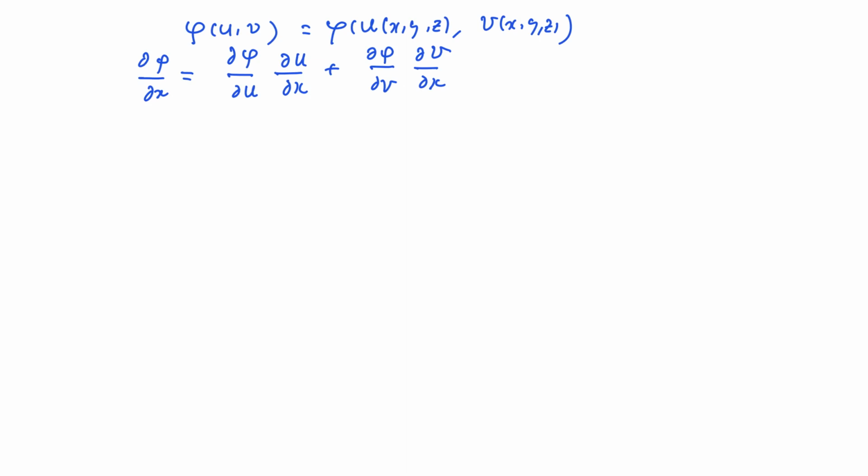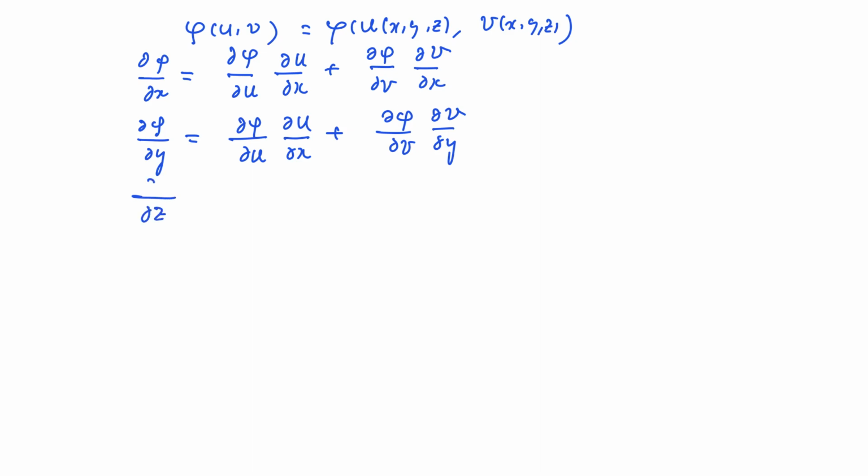How about partial y? Partial phi over partial y is partial phi over partial u times partial u over partial y, plus partial phi over partial v times partial v over partial y. And partial phi over partial z is partial phi over partial u times partial u over partial z, plus partial phi over partial v times partial v over partial z.